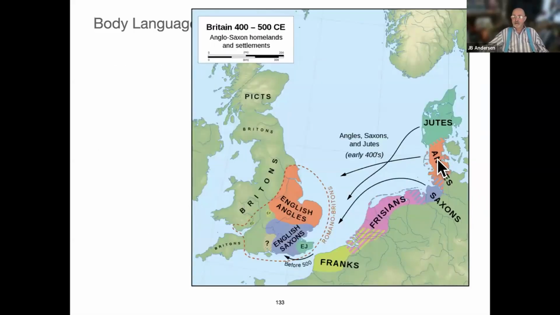Now, the Angles and the Saxons come from northern Germany and southern Denmark, and they migrated, many did, to England. And in England, the southwest corner is primarily Saxon in origin. And just north of them, also in the southwest, are Angles.